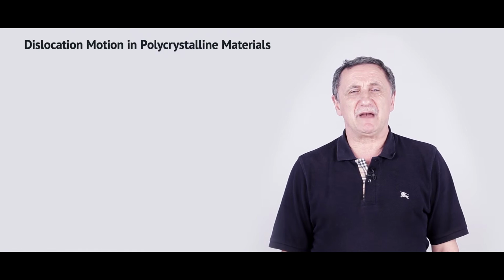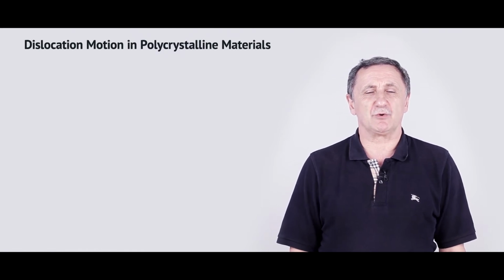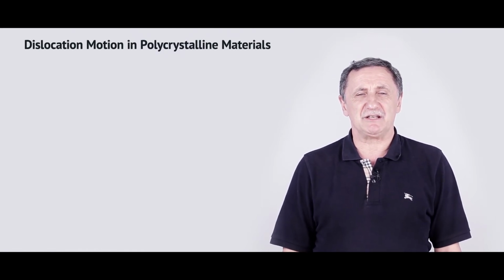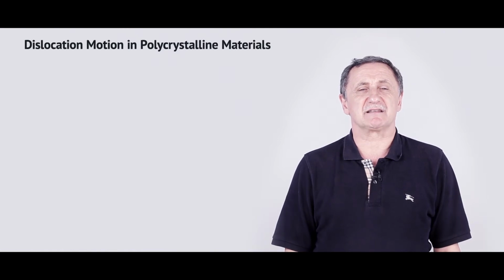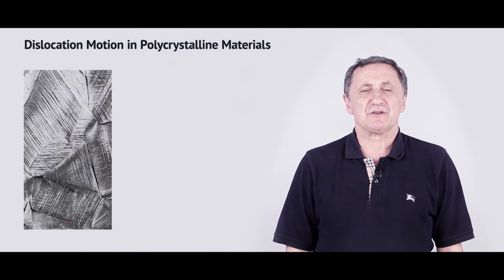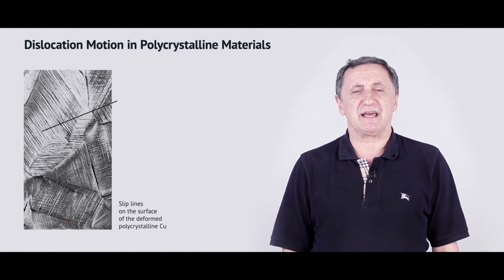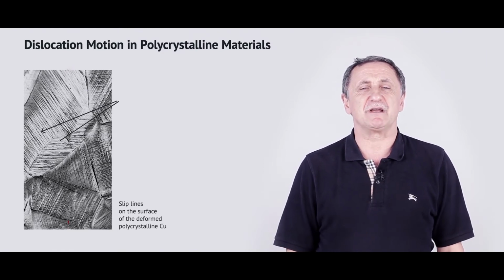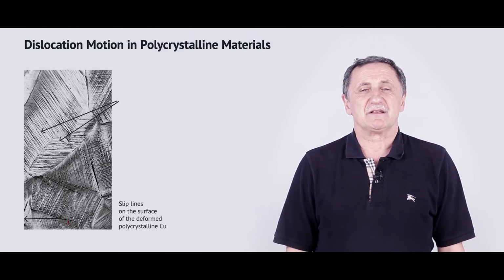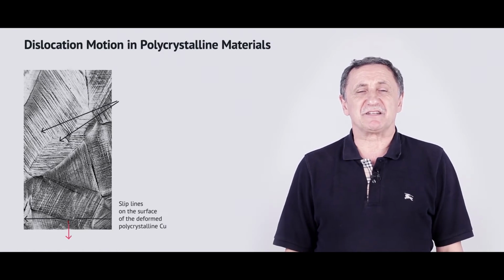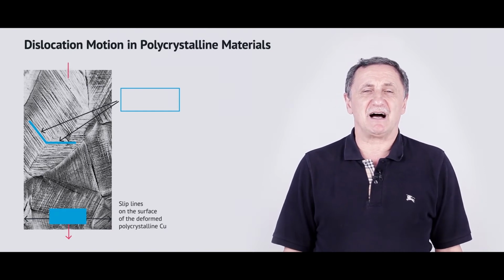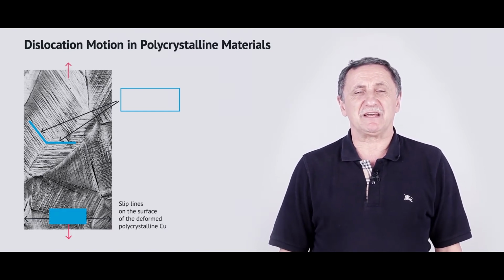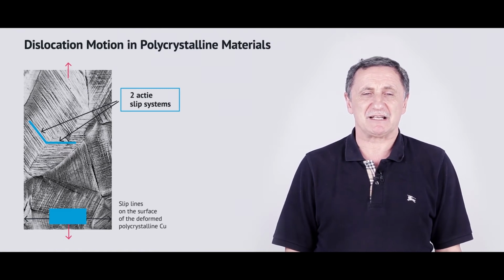Inside each crystal, the slip occurs along, as we know now, the direction with the highest atomic density in general. So when these dislocations reach the boundary of each crystal, in principle, the direction of dislocation motion should be changed. As a result, some kind of hindering of the motion of dislocation takes place.